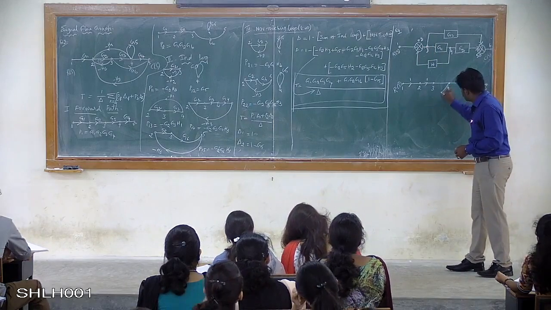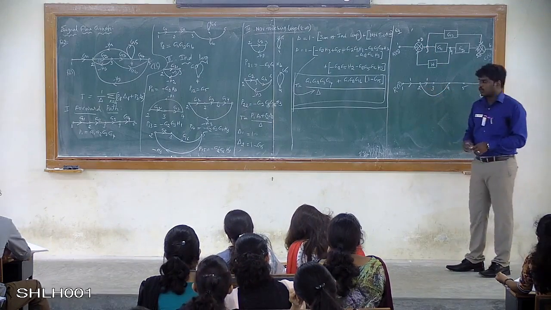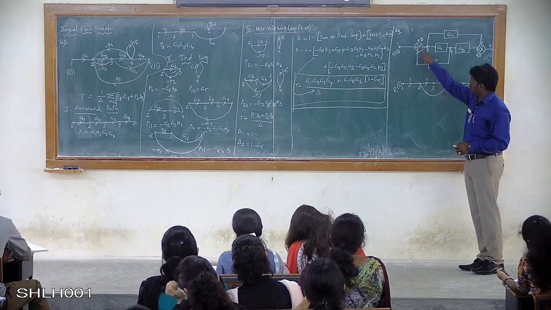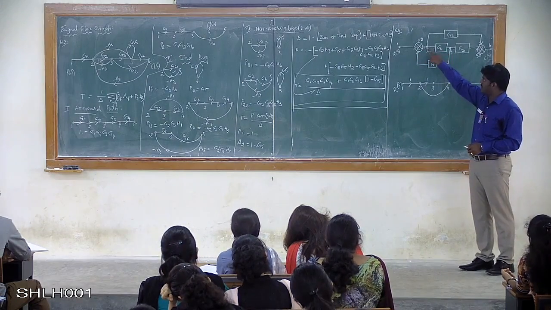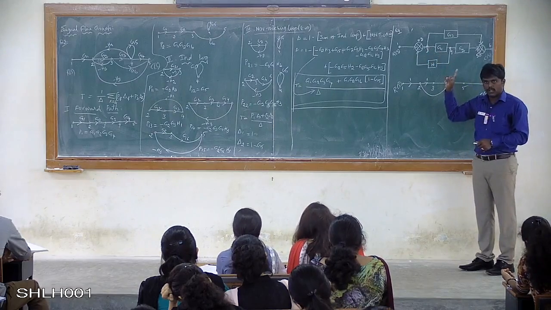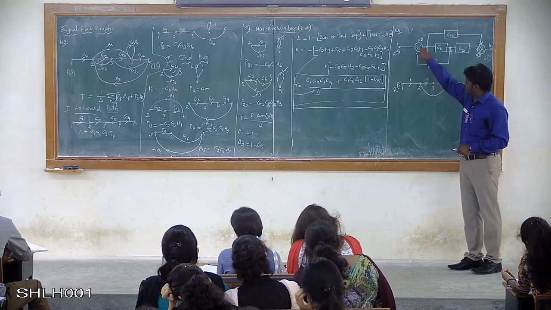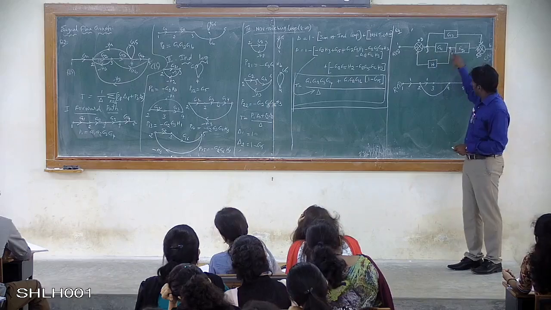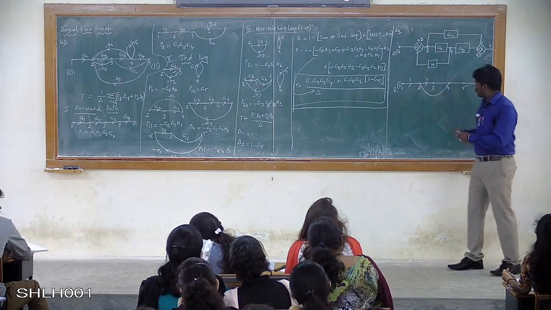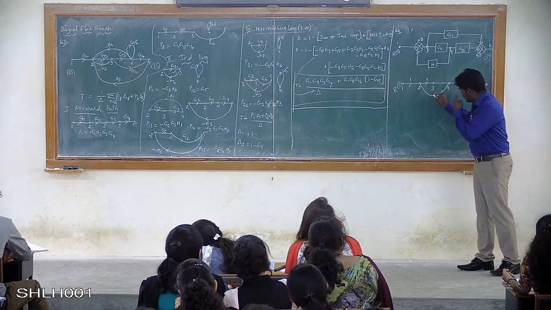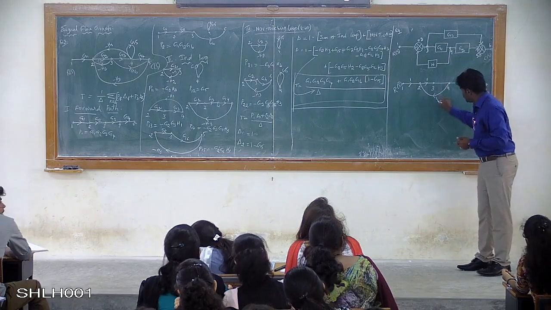So I have to draw it from 4 to 2 because this is the point from where it leads to this value. I have taken 2 to 3 with gain value 1, but there is a summing point coming from node number 4 to 2 also. So I am taking 4 to 2 and the gain value has to be written as H over here, right?